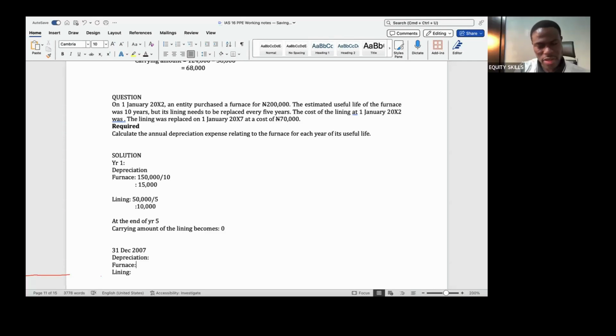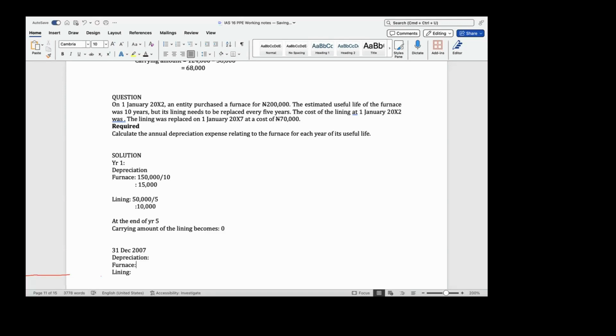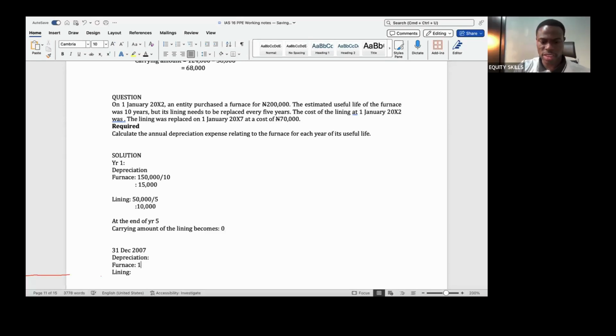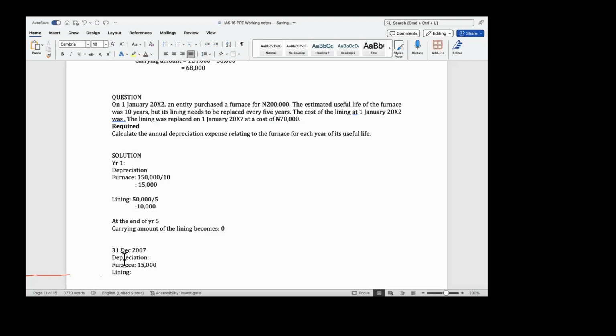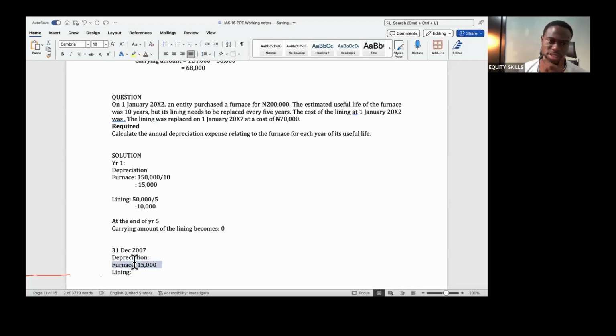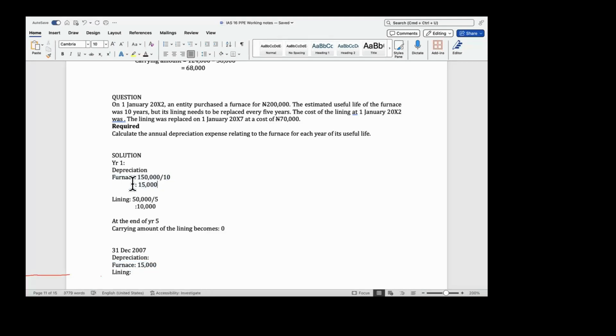Sorry? How much for the furnace? That's 200,000 minus 70,000. No. It still remains 15,000. For the furnace remains 15,000. Yeah. It won't change. It's a straight line method of depreciation.